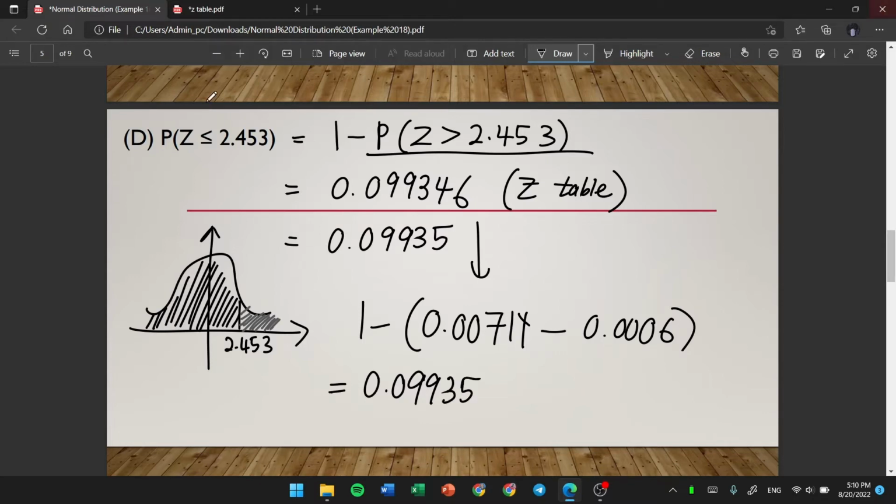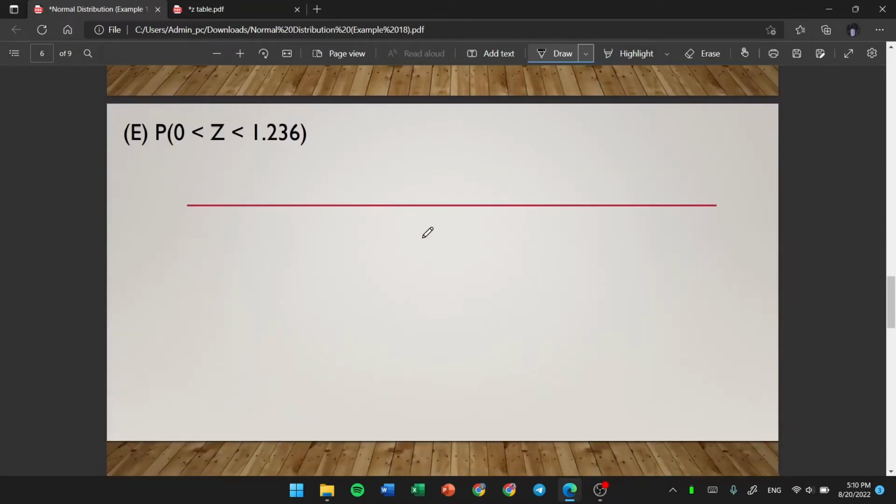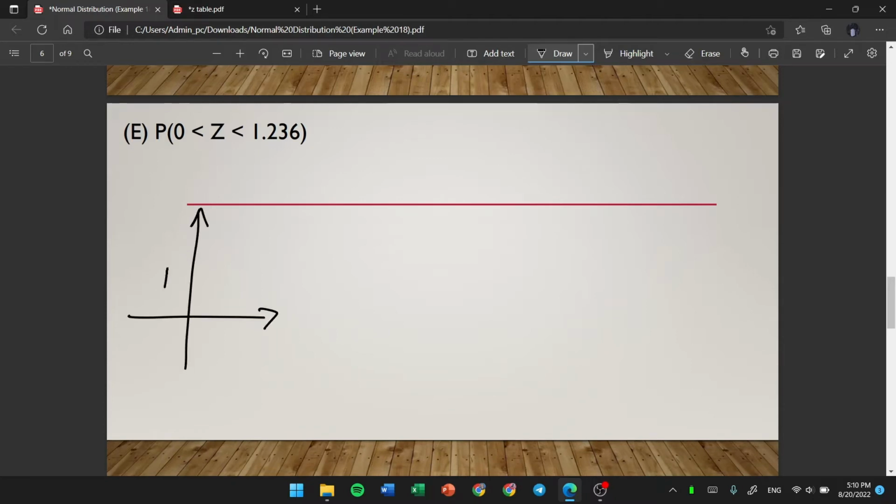Okay, now for part E. Okay, first step, I always teach the first step: bell shape graph. Okay, 0 is here.